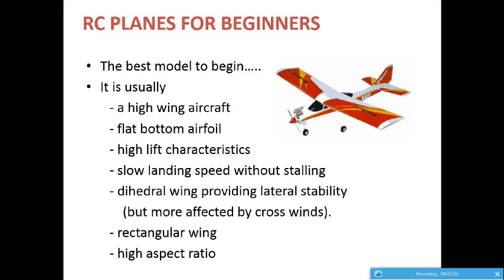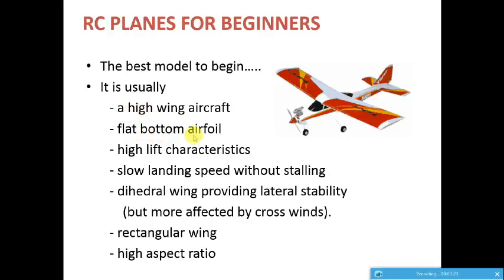Okay, so this model is a basic model which is always used by a beginner. It's a Cessna model. You can also have another model the same as this with small differences, such as the Blazer. These provide a very high amount of stability, since it is a high wing with a small amount of dihedral. So usually the features of this aircraft are, it's a high wing aircraft.